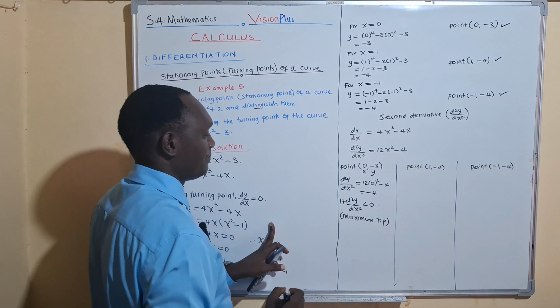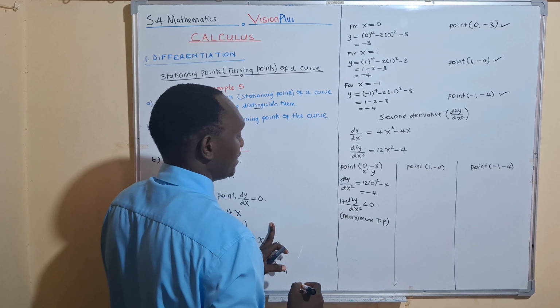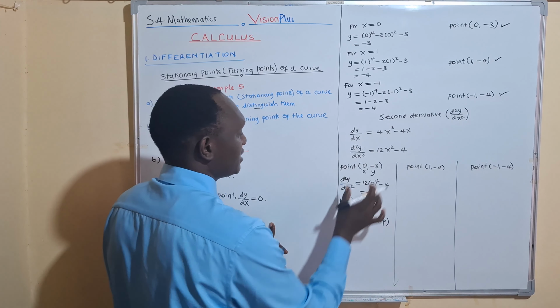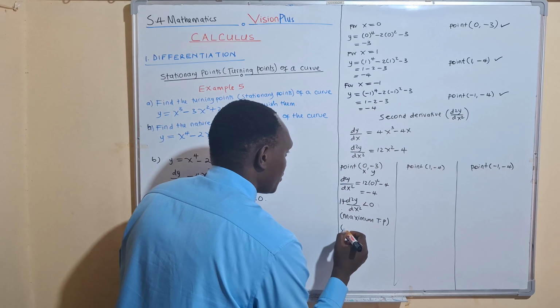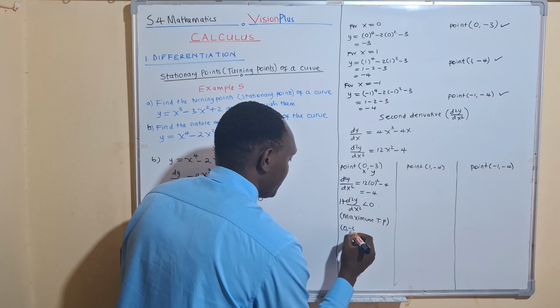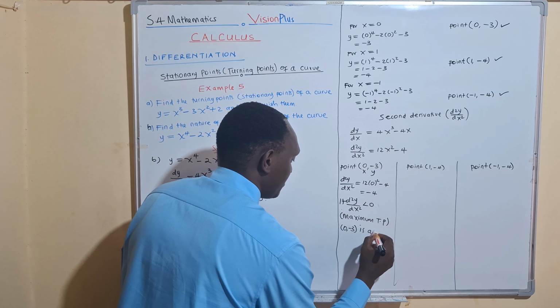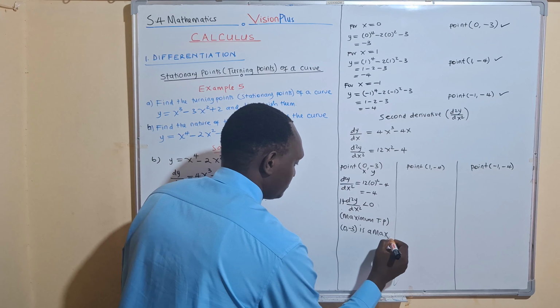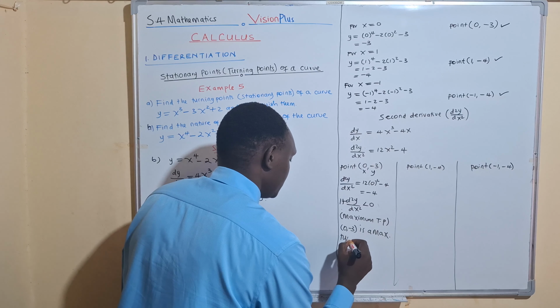That's for this case. What does it mean now? It means that this point, 0 and negative 3, is a maximum turning point.